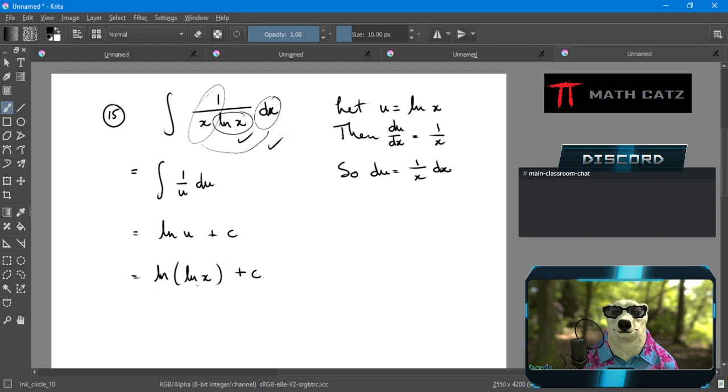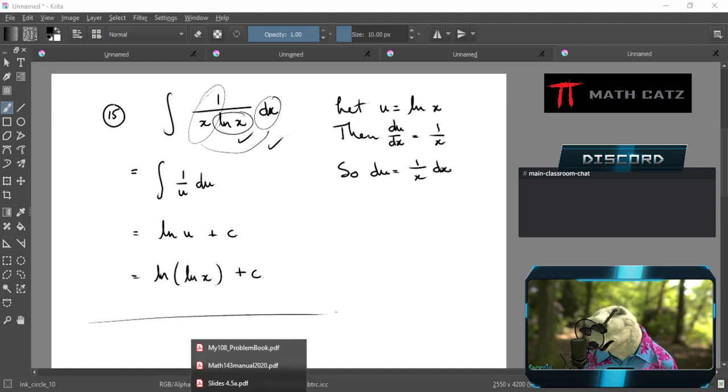So I have the natural log of the natural log of x. Definitely a kind of question where I want to trust the substitution method and stay far away from guessing and checking.